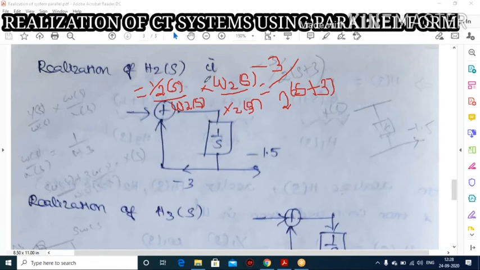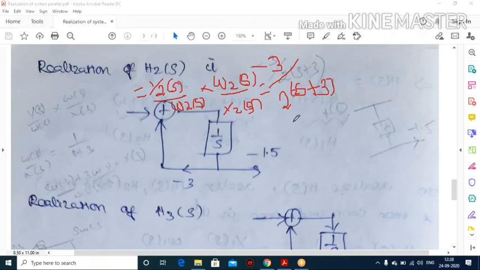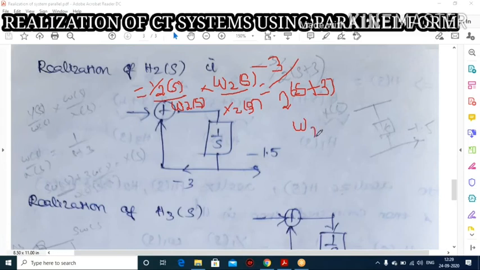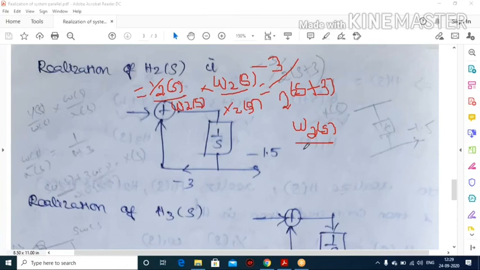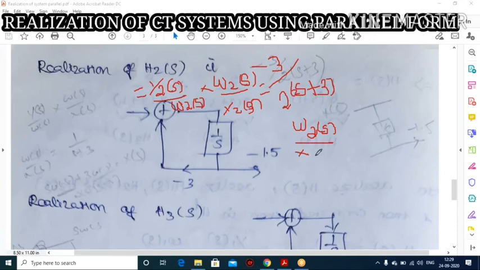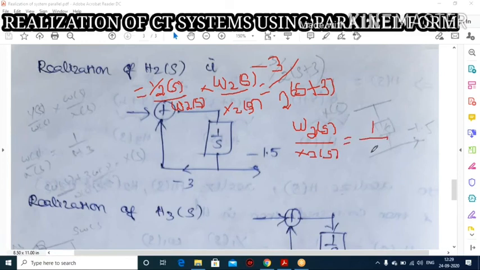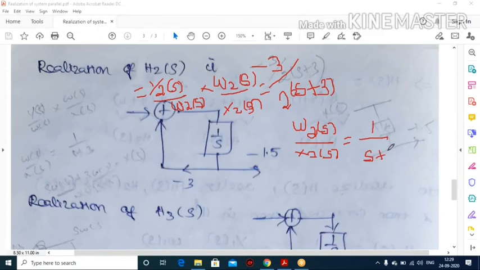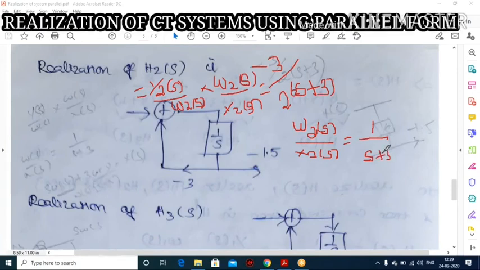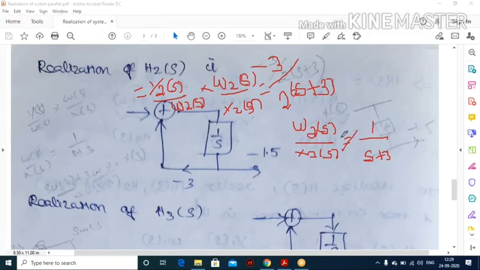What do you get? I consider this portion, that is W2 of S divided by X2 of S, which is equal to 1 divided by S plus 3. Now I cross multiply these two terms.